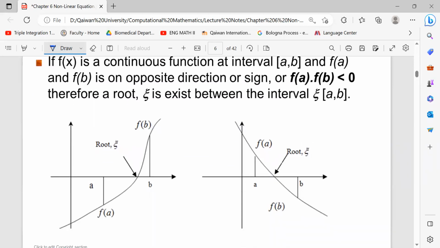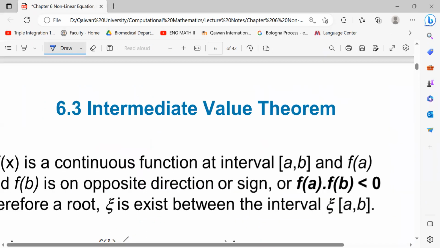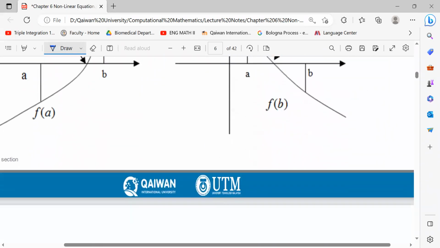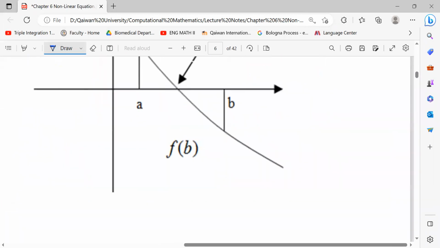For the intermediate value theorem, we say if we have 2 points, let's say a and b, if we have this interval, and we have a function f of x.